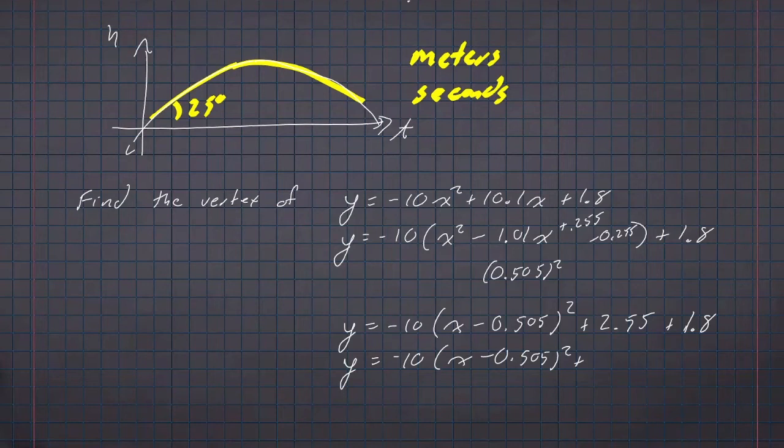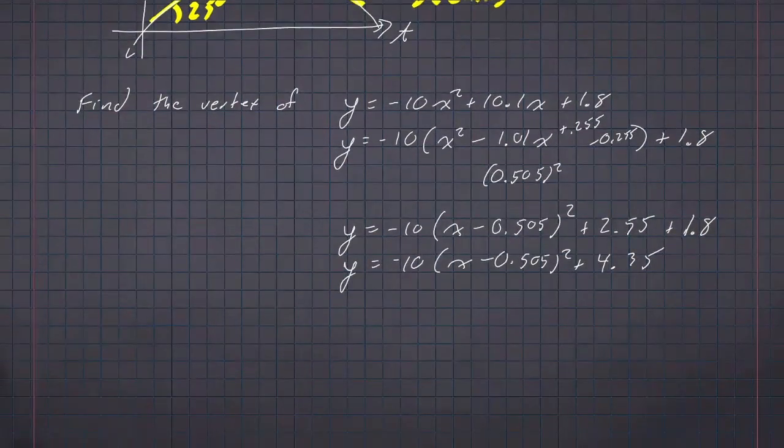All right, if I add 2.55 plus 1.8, I'm going to get 4.35, and that gives me my vertex.